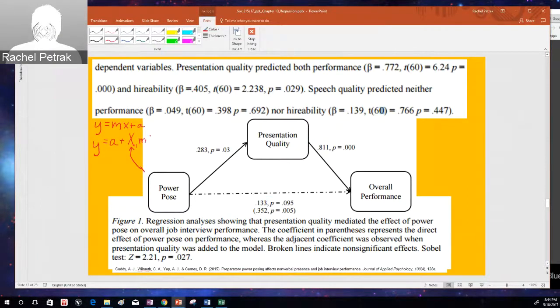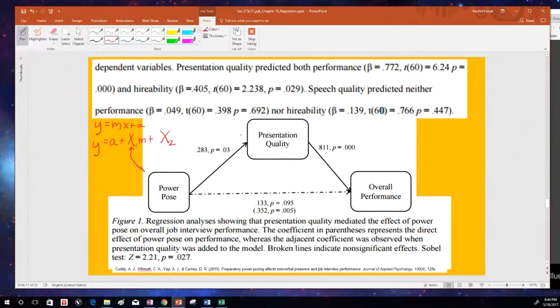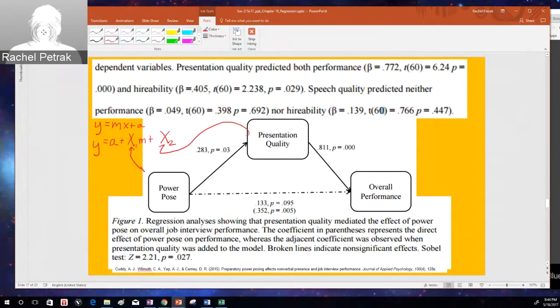And then we add in a second one that is going to be presentation quality. That's another predictor. It's also got a slope. And this is the mathematical representation of the model that they've outlined here. It's a somewhat simplified mathematical representation. I did leave out the error term because we haven't discussed that yet.